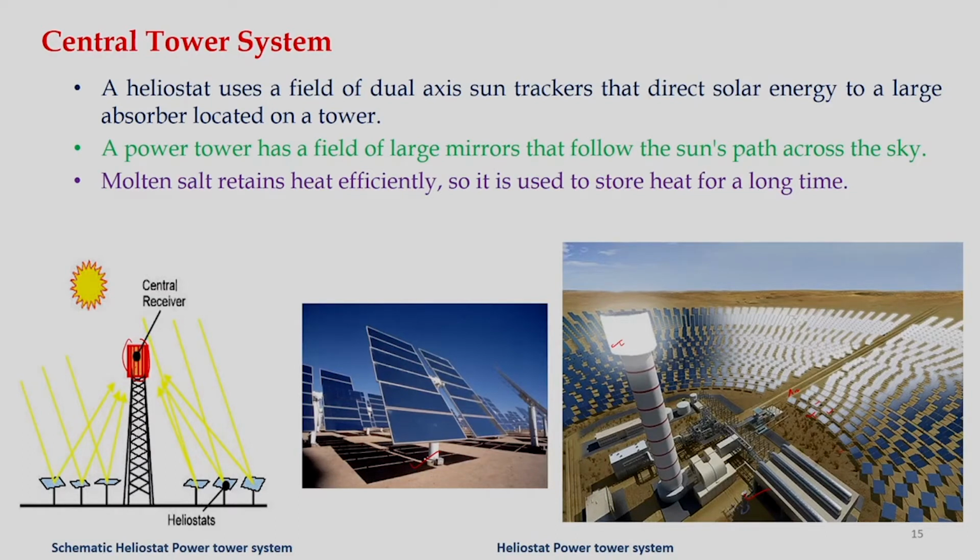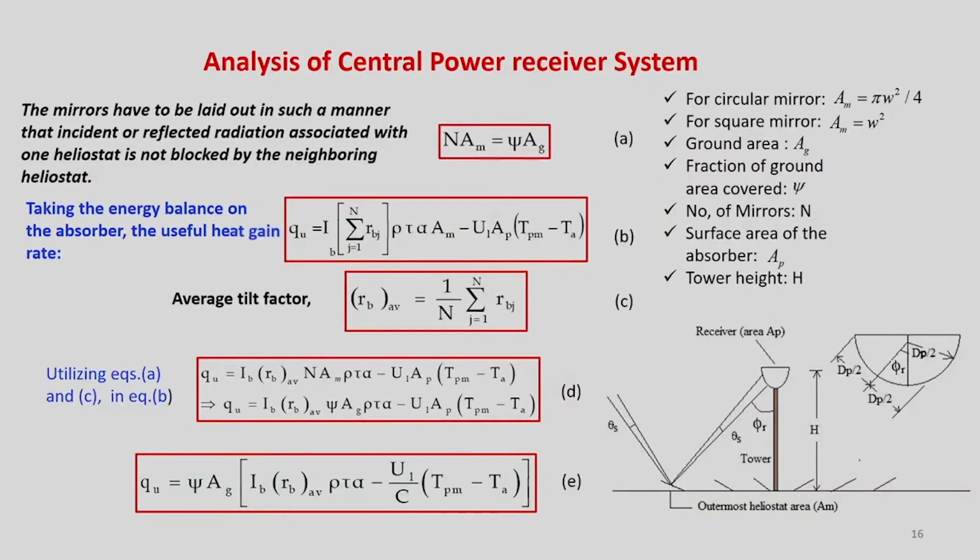okay, and if we consider the ground area, say ground area may be ag, okay, and if the gap we maintain is also measured, then we can incorporate the gap factor xi, then we can write this expression. Okay? This n into am is equal to xi into ag.